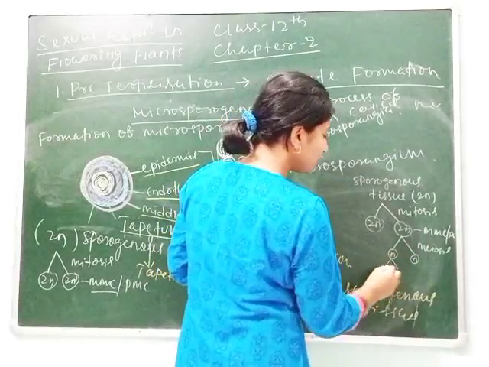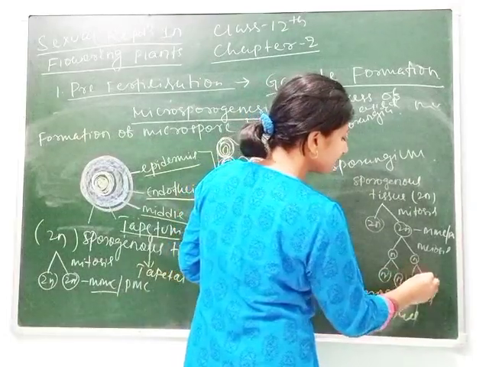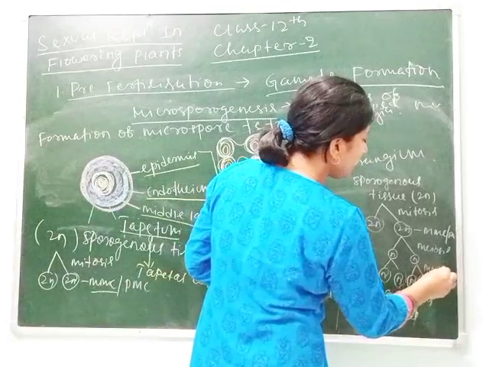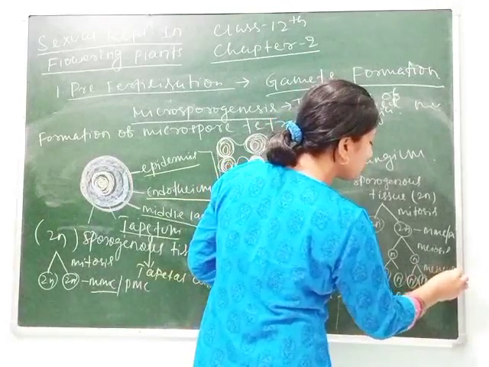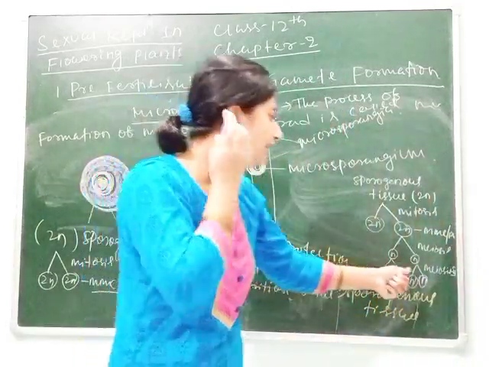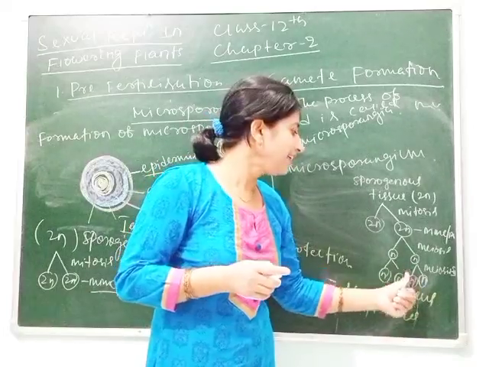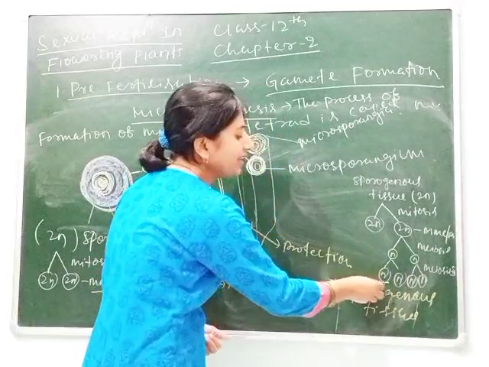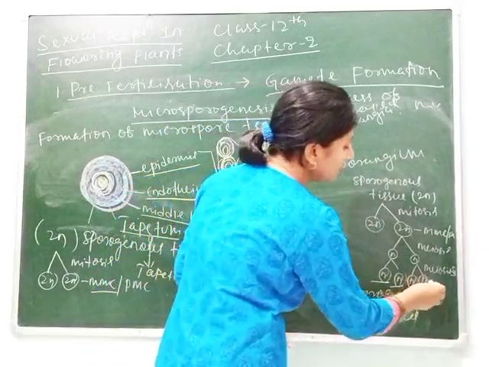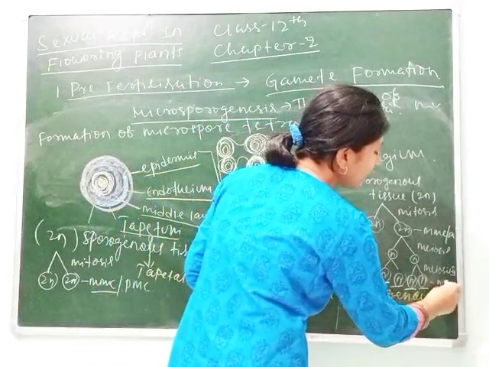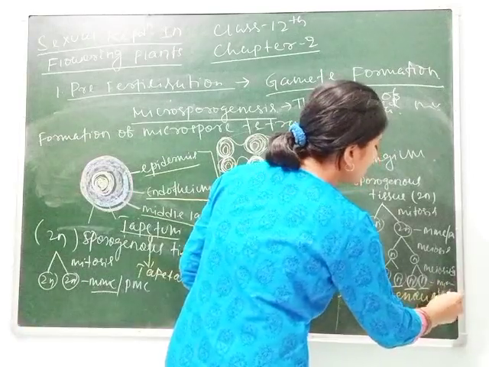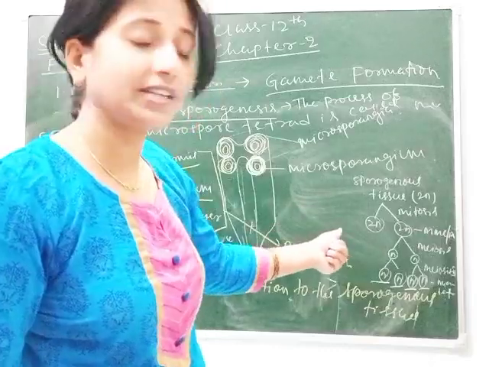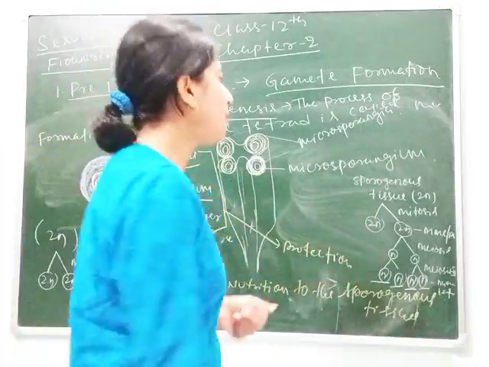Again through meiosis 2 they form 4 haploid cells. This is meiosis 2, and I have told you that meiosis 2 is equivalent to mitosis. So here an equal number of chromosomes is distributed among the tetrad. So formed here are 1, 2, 3, 4. This is called a microspore tetrad, which is further converted into pollen grain.